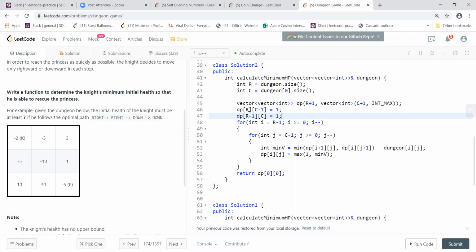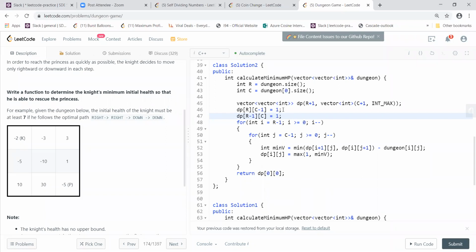Because I am coming from the bottom right side. So in order to get the value where the princess is, I need to first set its right and its downwards cell to 1, because that is the minimum health point required for the knight to survive, right?